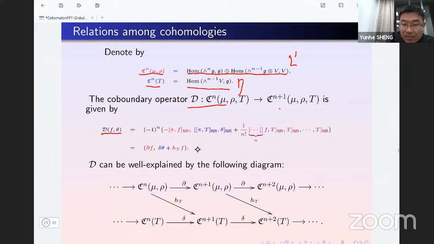Actually, this formula is just computed from L1 mu rho T. Here f is an element in Cn mu rho, and theta is an element in Cn T. The component in Cn mu rho is given by this formula, and we define it to be partial of f. Here is the definition of partial, and here we define delta by this formula.